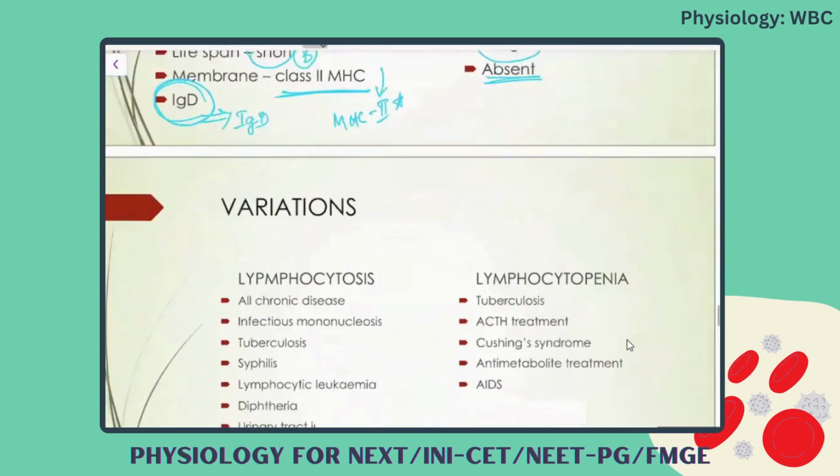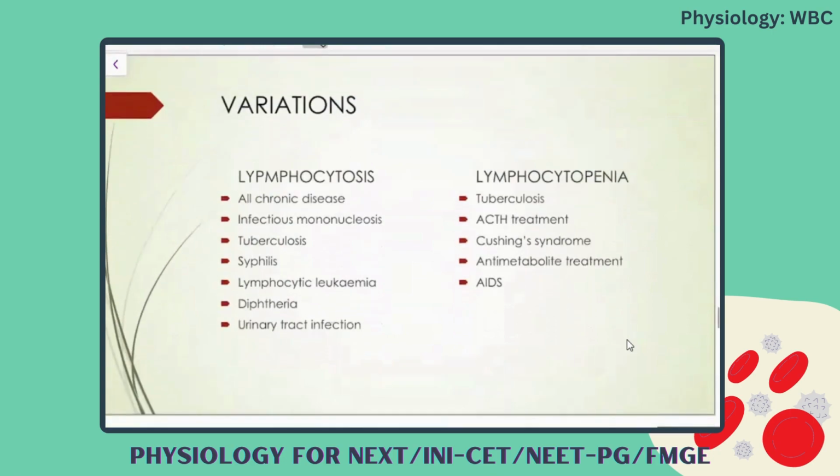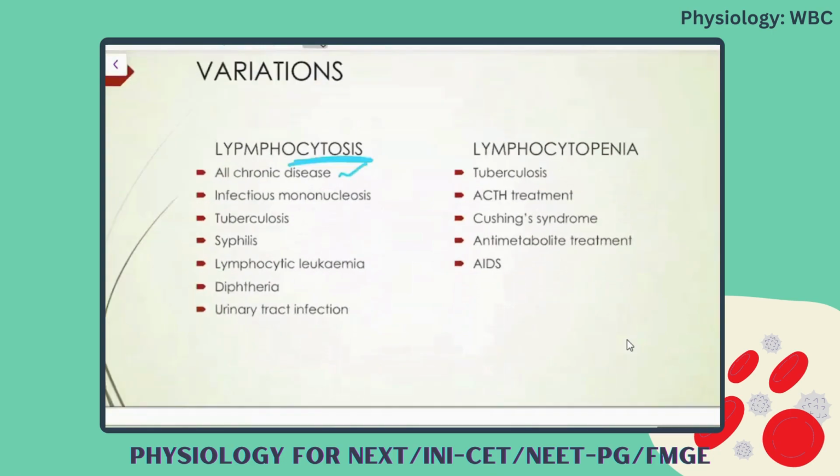And the variations, lymphocytosis increased during chronic diseases, and infectious mononucleosis. What is the causative agent for infectious mononucleosis? Epstein-Barr virus, good. And during tuberculosis, syphilis, lymphocytic leukemia, diphtheria, and most of the urinary tract infections increases the lymphocyte count.